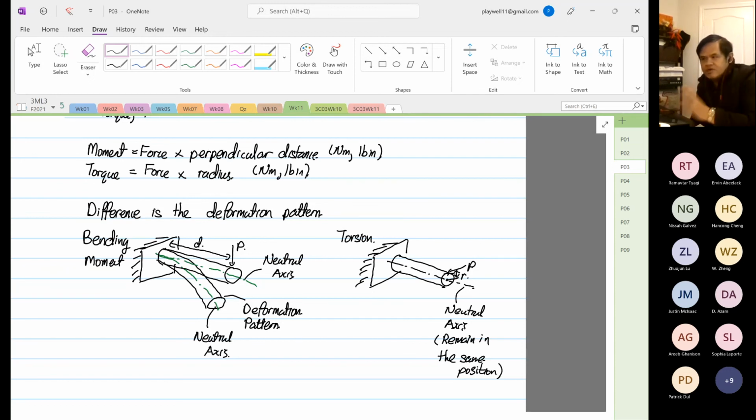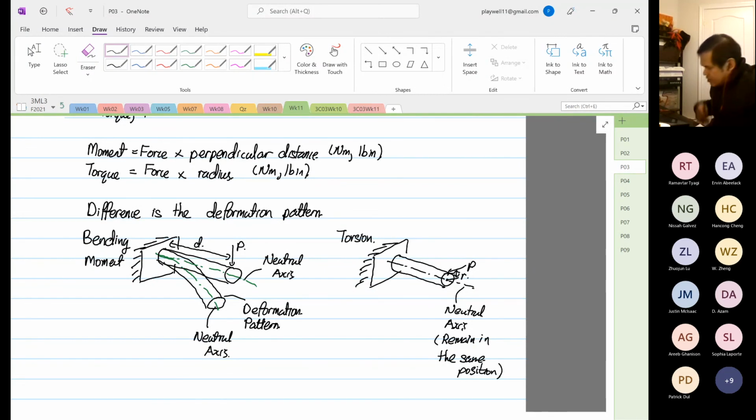I could teach this course very differently. I can make use of vector, right hand rule, and make you just apply the formula and there you go. I did not do that. I insist that when you look at the moment vector, the head of the moment vector is compression, the tail is tension, because I want you to visualize the deformation. That's why in this course, I told you not to worry about the plus or minus. You look at the deformation.